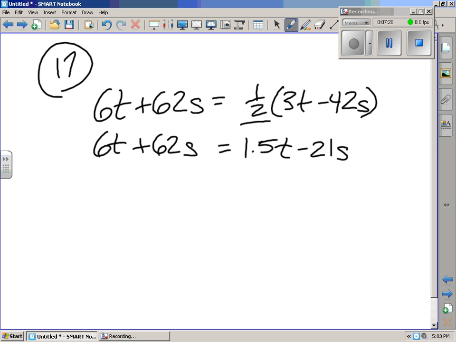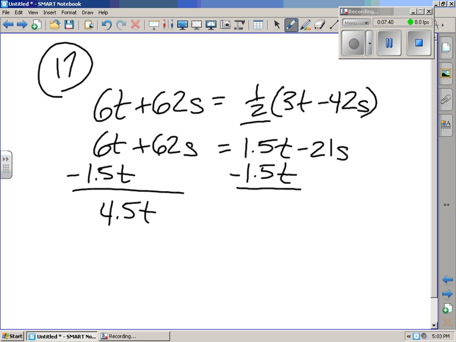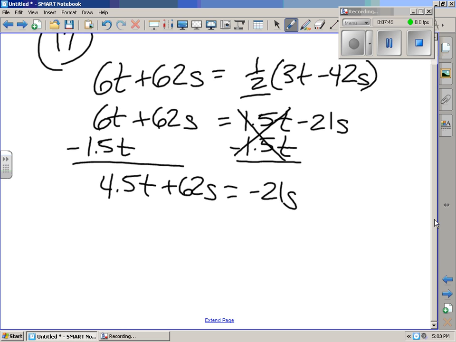Now we need to get all of the s terms on one side and all of the t terms on the other. So I'm going to subtract 1.5t from each side. On the left side, we get 4.5t plus 62s equals negative 21s, because 1.5t minus 1.5t is equal to 0.